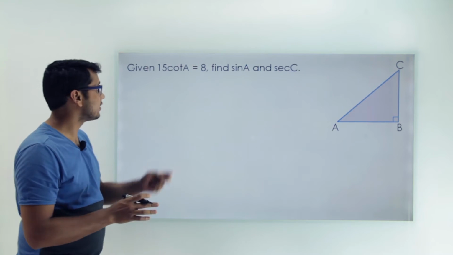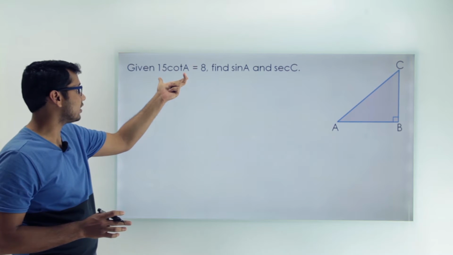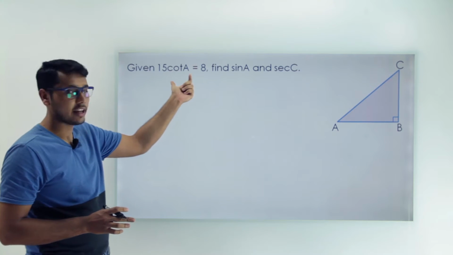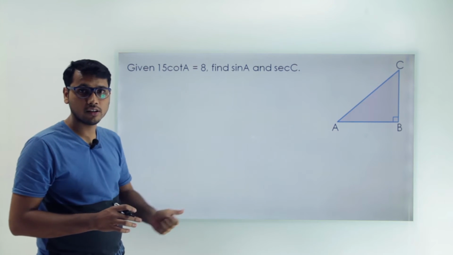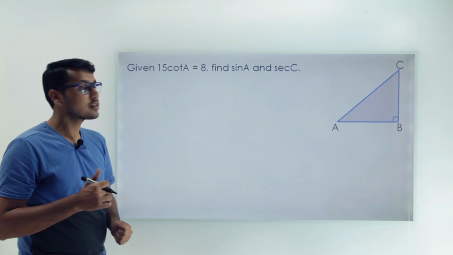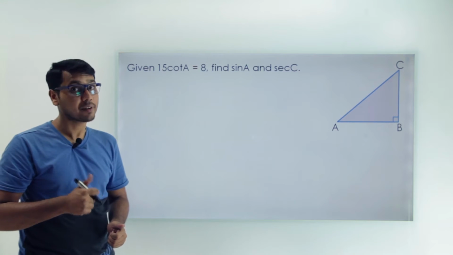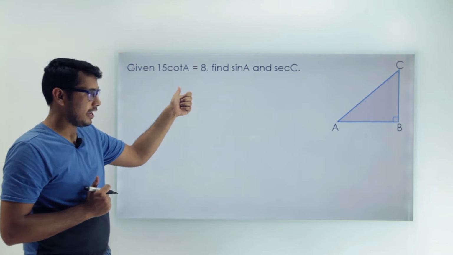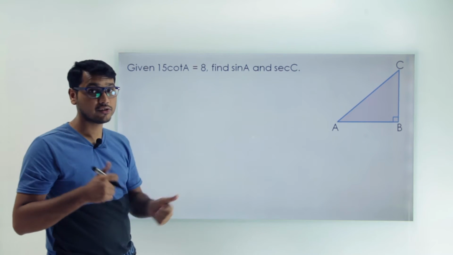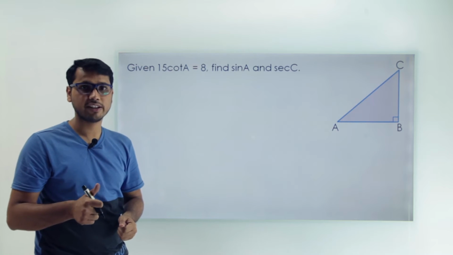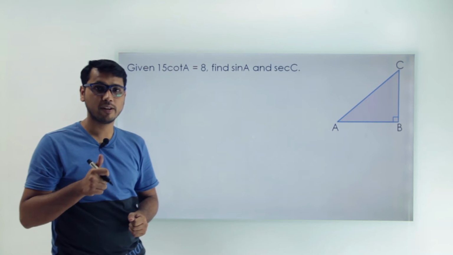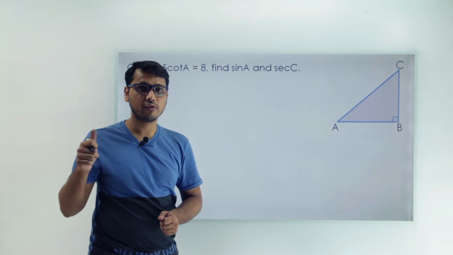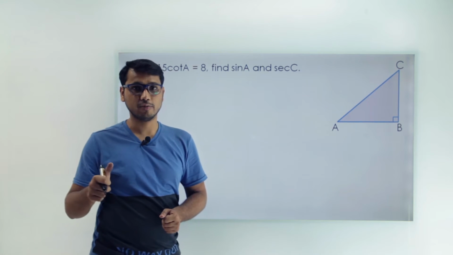Now if you look at the condition given to us, it is given that 15 cot A is equal to 8. This is quite similar to our previous question. We are given the value of cot A, and since we are given the value of one trigonometric ratio, we can find out the values of all the other trigonometric ratios.